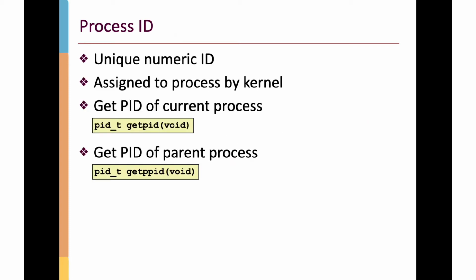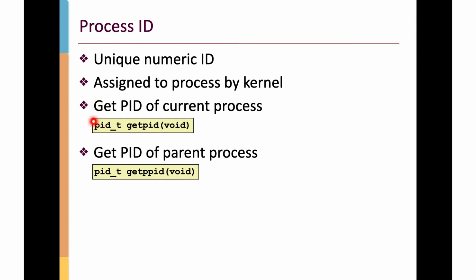One thing that's really important in this discussion of how processes work is the idea of a process ID. So this is a unique numeric value that's assigned by the kernel when a new process gets created. So when that fork system call gets run by a parent process, the child process is going to get a new process ID. And you can actually access that inside of your program by using the C library function getpid, just process ID.